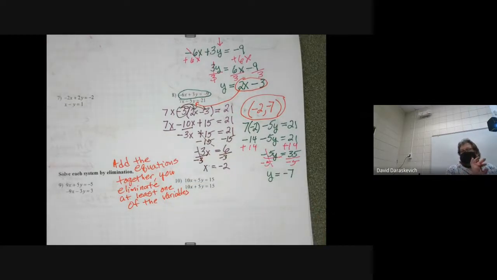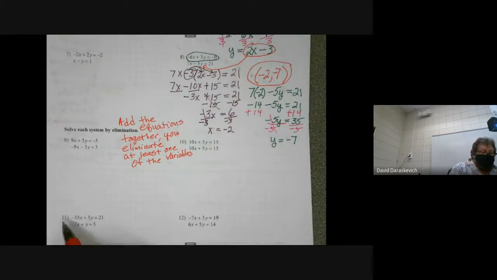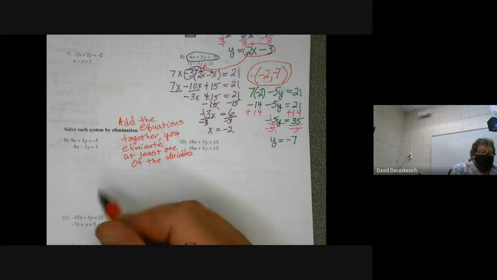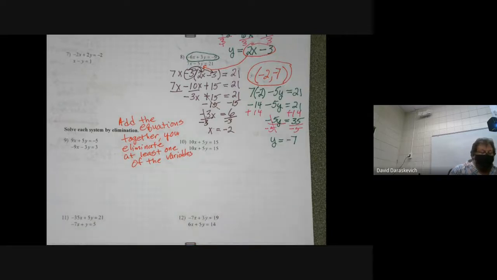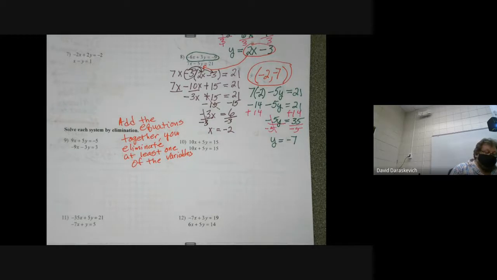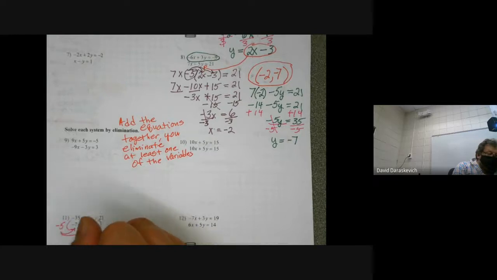So let's take a look at number 11. If I just add these together, -35 plus -7x, they're not going to be eliminated. Same with the y's. So what I'm going to do is make this y a -5y so that when we add those, the y's will eliminate. So to do that, I have a +5 up here. I want that a -5. So I'm going to multiply the entire equation by -5.